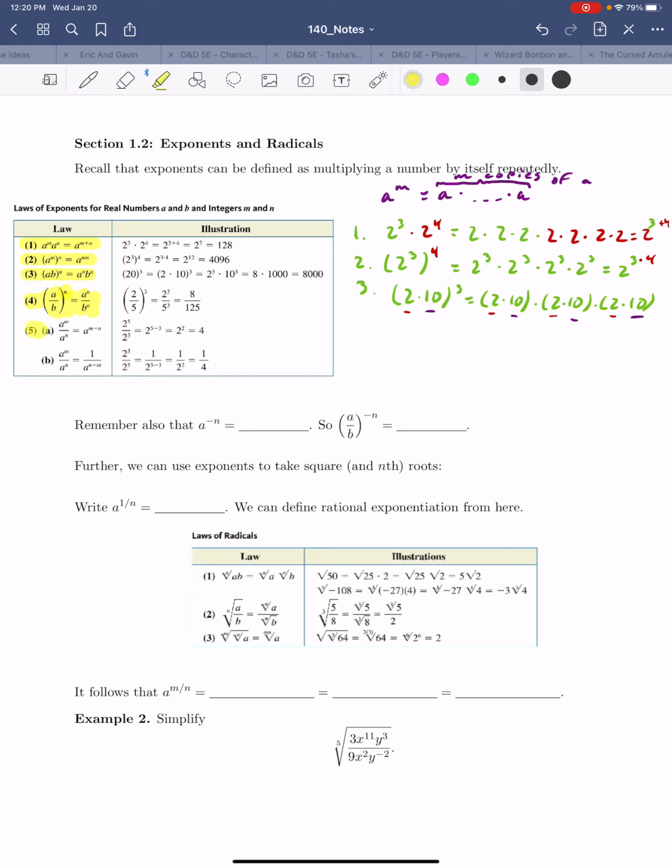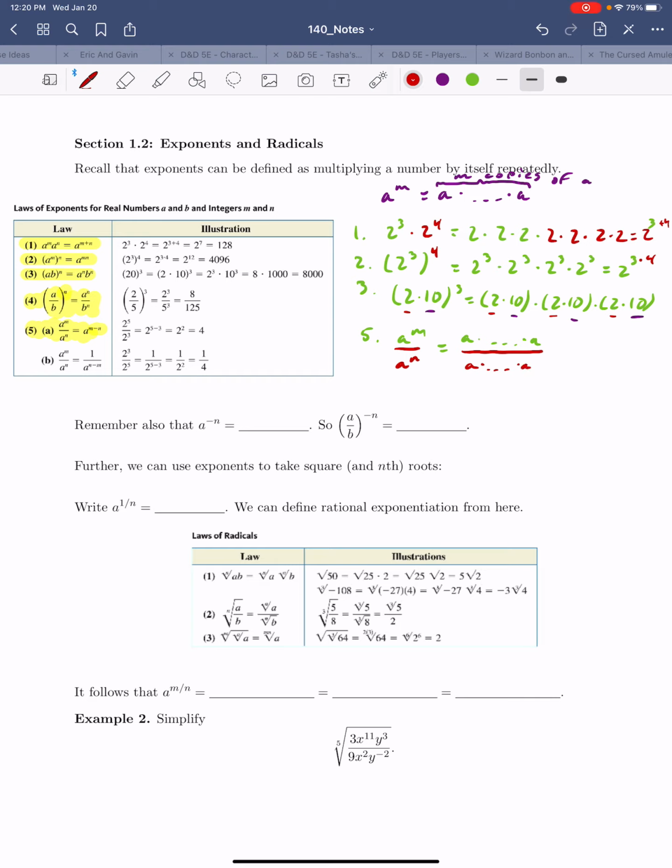All right, now number 5, I'm going to focus on A. B is just sort of a consequence of what we're about to discuss. For 5, just imagine this, right? You have a to the m over a to the n, which is going to equal a times itself m number of times, divided by a times itself n number of times.